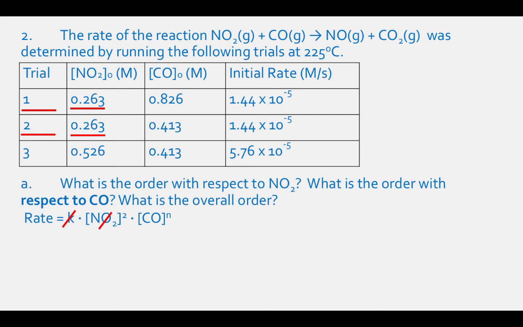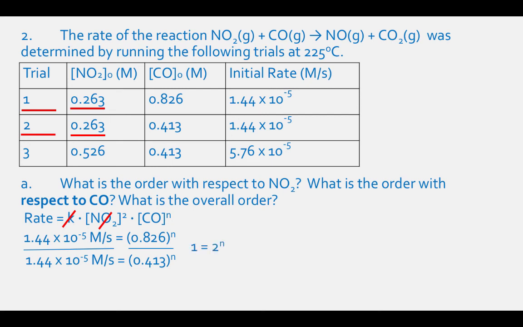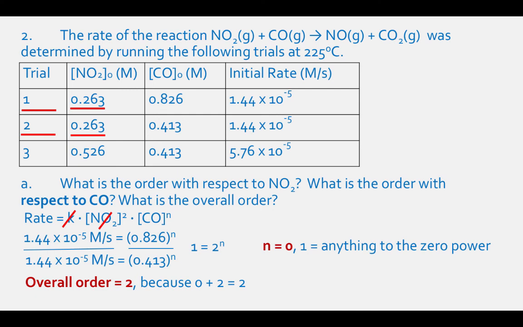This will be equal to 1.44 times 10 to the negative 5 divided by 1.44 times 10 to the negative 5, which equals 0.826 divided by 0.413 raised to the n power. 1 will then be equal to 2 raised to the n power. N must be equal to 0 because 1 equals anything to the 0 power. The overall order is therefore 2, we have the 2 from the NO2 and the 0 from the CO.